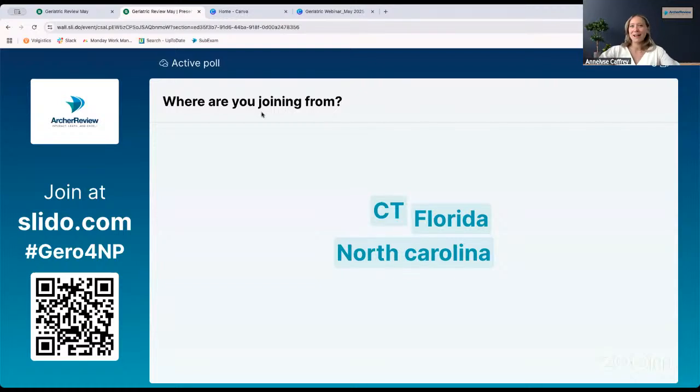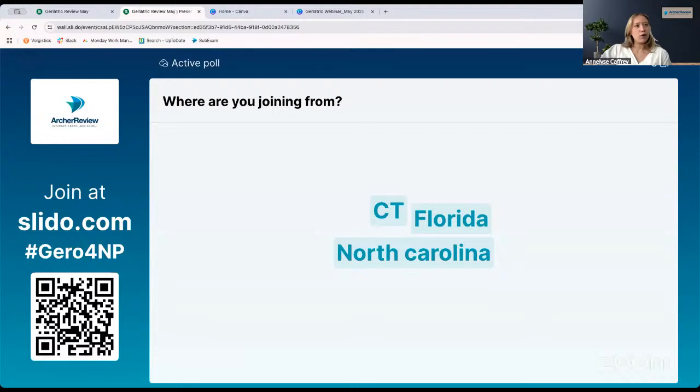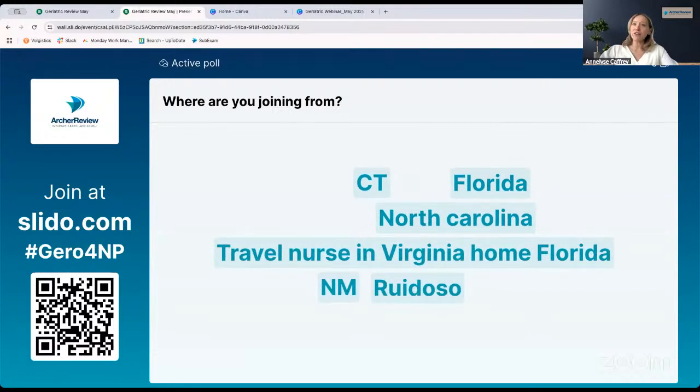So it just kind of bounces everywhere. North Carolina, Florida, Connecticut. Fun to have you guys here. I bet North Carolina and Florida are getting humid already. One of my best friends lives out in North Carolina. A travel nurse in Virginia, home is Florida. So you guys know humidity. New Mexico. Oh my goodness, we've got a good group here.